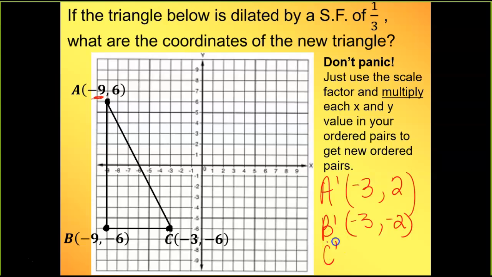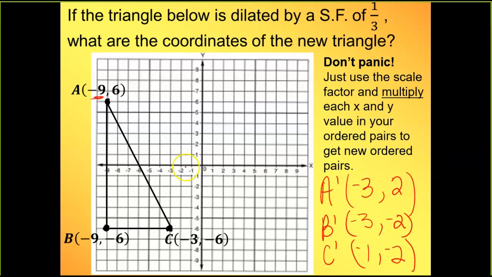All right, now let's look at c prime. What are my ordered pairs from c prime? -1, I like that. -2. So if I go to plot that, you mean to tell me that this triangle is going to be smaller?